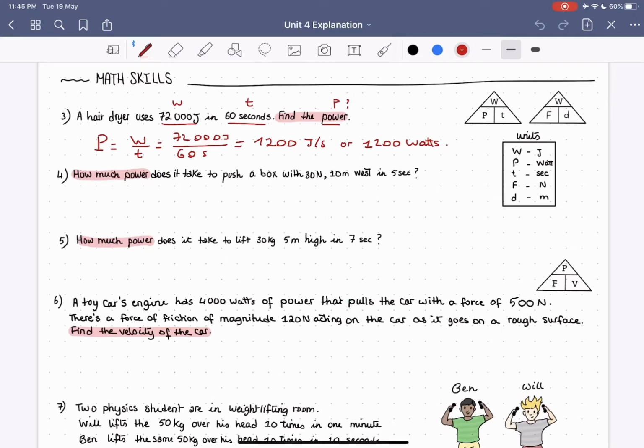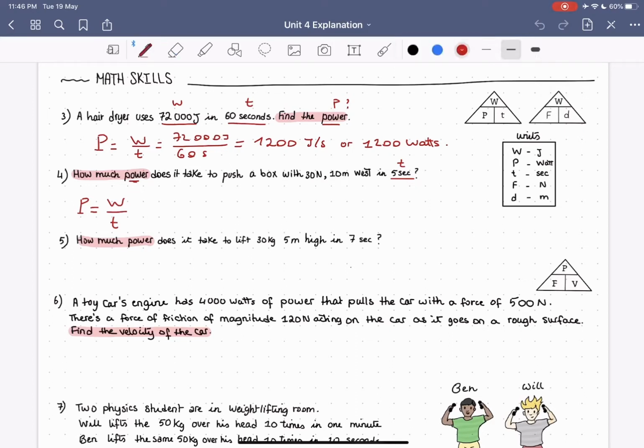Okay, fourth question: how much power does it take to push a box with 30 Newton 10 meters west in 5 seconds? So we also need the power here. I'm going to start by stating the power formula. You can see that we do have the time, but we don't have the work done.